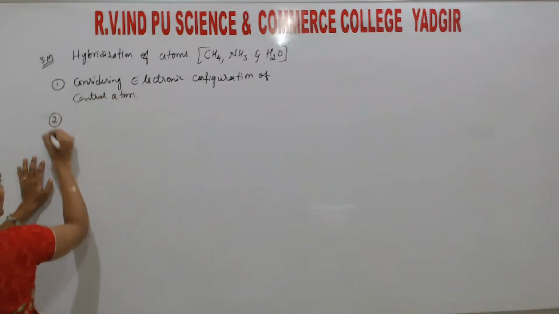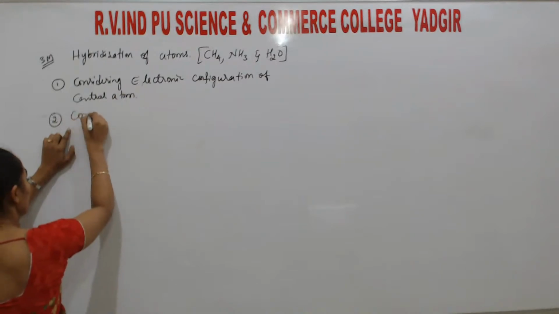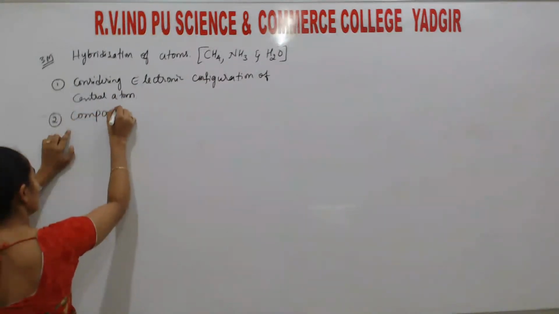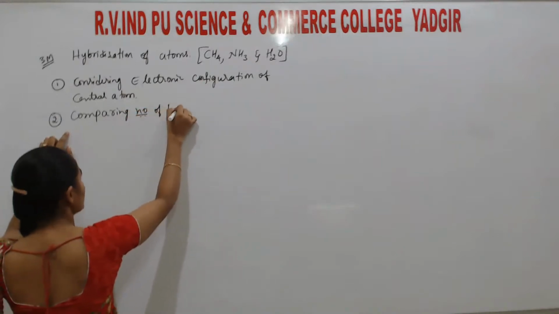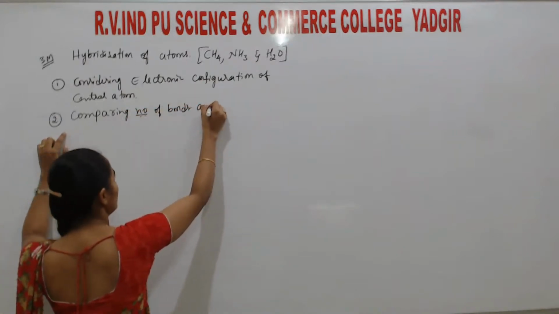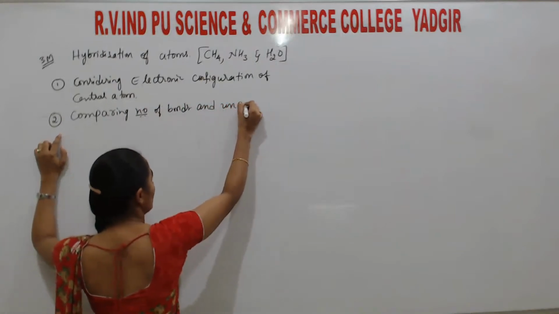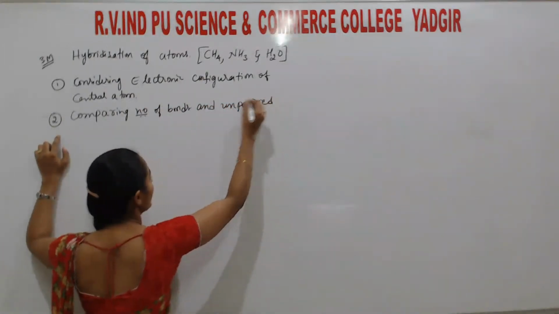That is the first thing. Second one: comparing the number of bonds and unpaired electrons.